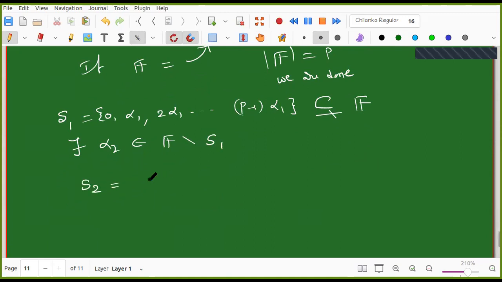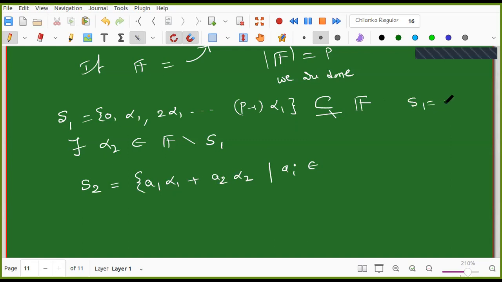How do I construct it? It is the same as that, but I take A1 alpha 1 plus A2 alpha 2, where A1, A2 belong to Z_P.